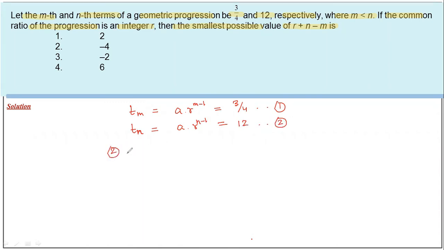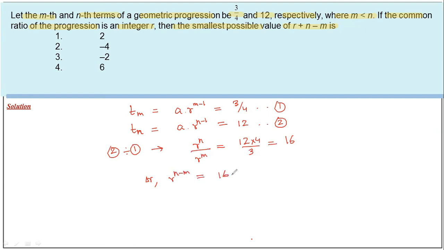Now 2 divided by 1 gives us r to the power of n by r to the power of m, that is equal to 12 into 4 by 3, that is equal to 16, or r to the power of n minus m is equal to 16.